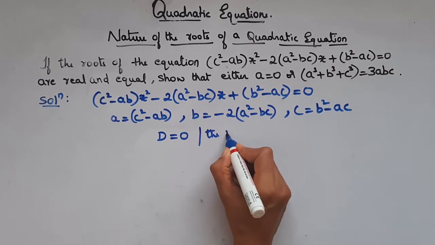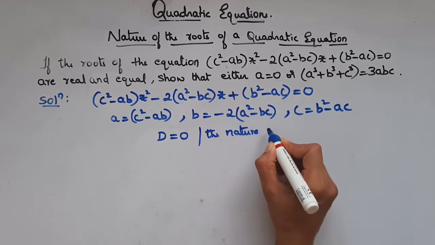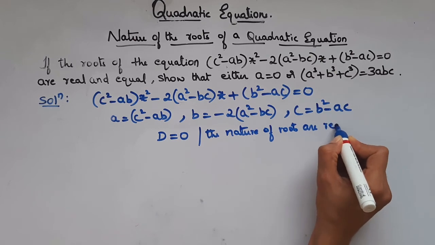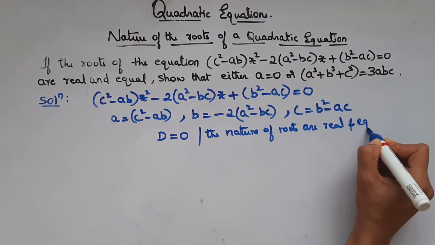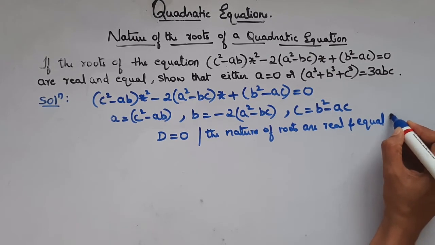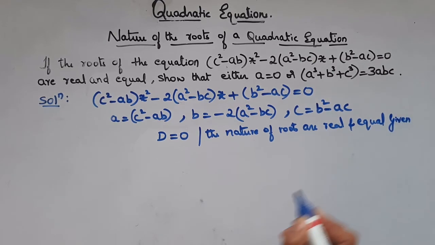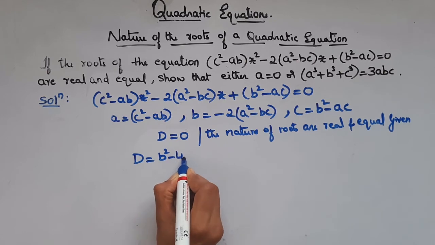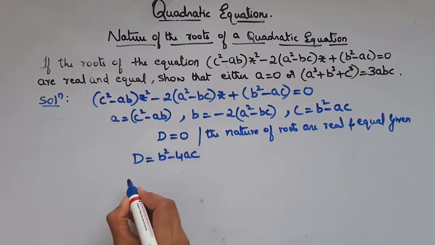The nature of roots are real and equal. That is given. So we know d is equal to b square minus 4ac. Here d is 0.